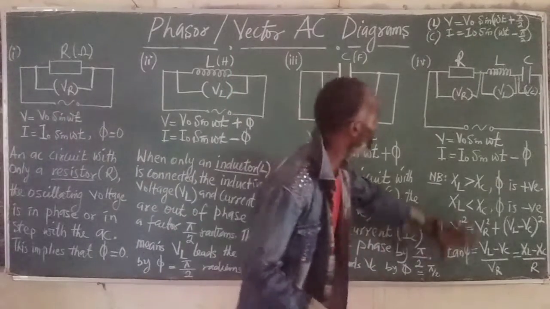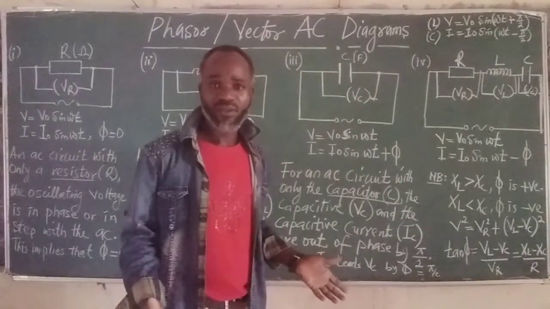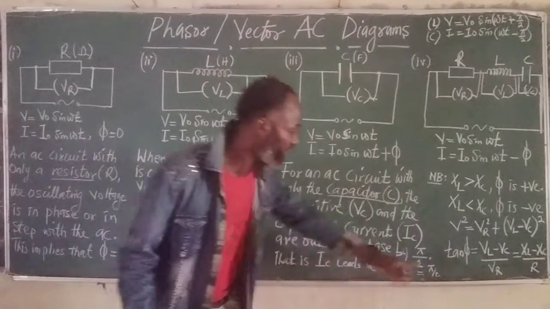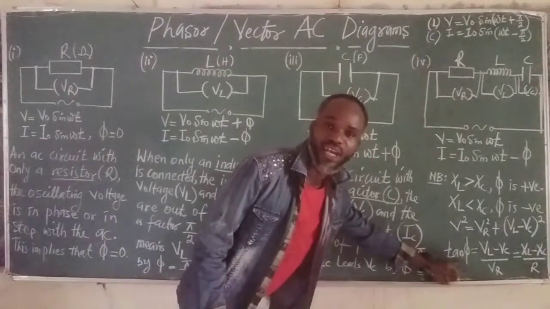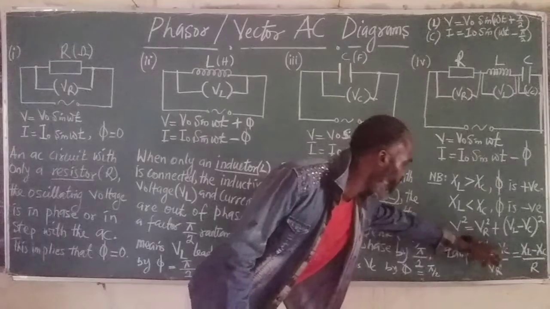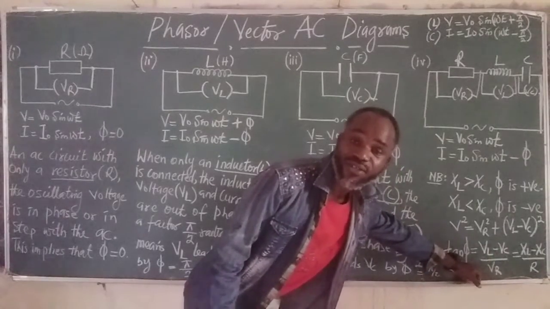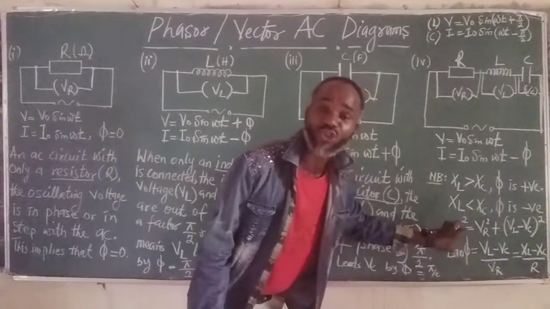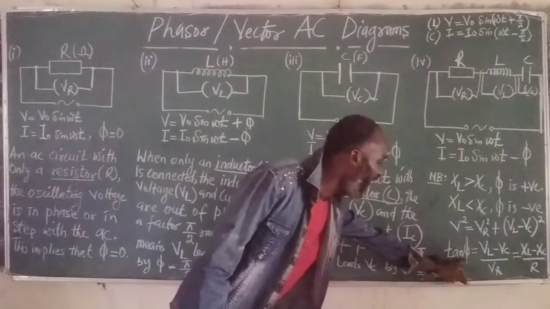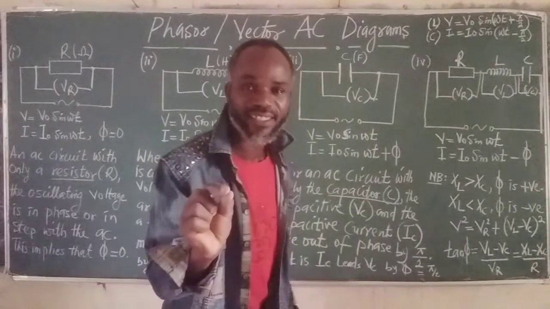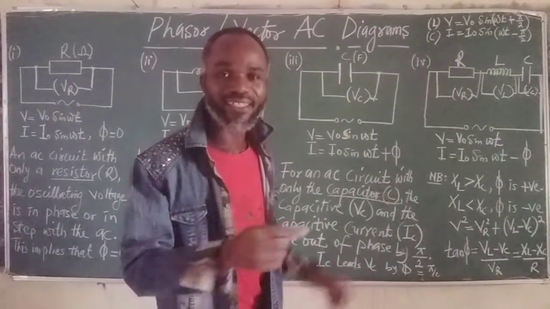Now, if we do that, what about the phase difference? How do we now calculate the phase difference phi? Tan phi is equal to (VL minus VC) over VR. If we have the values and substitute accordingly, making phi the subject, we will be able to calculate that angle.